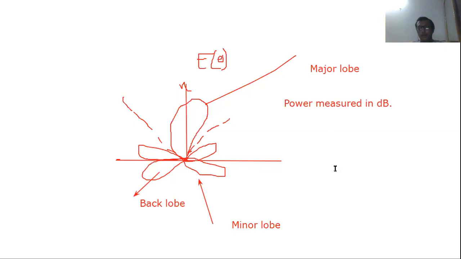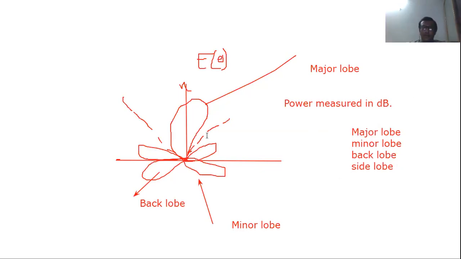Now, there are four types of lobe that can be present in the radiation pattern: first, major lobe, minor lobe, back lobe, side lobe. So please prepare how many types of lobe can be present in the radiation pattern. That question can also be asked in the examination.